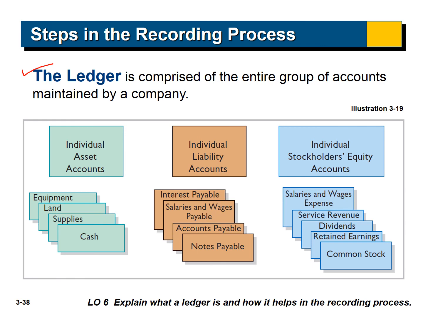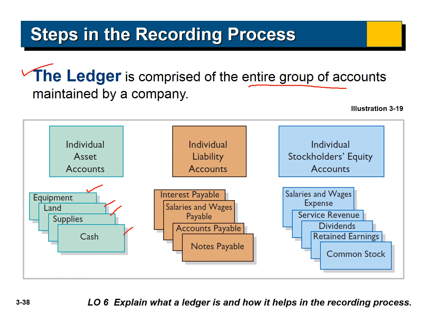The ledgers are comprised of the entire groups of accounts maintained by the company. So remember all of those individual accounts like equipment, land, supplies, cash, all of those things on that earlier page that we showed.